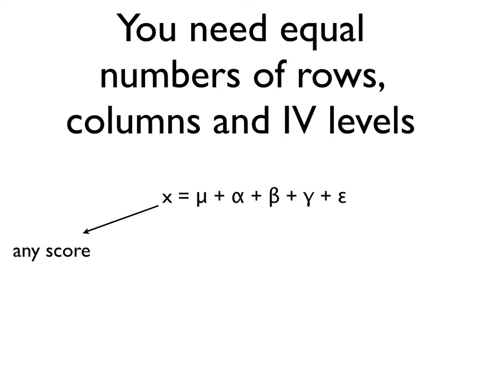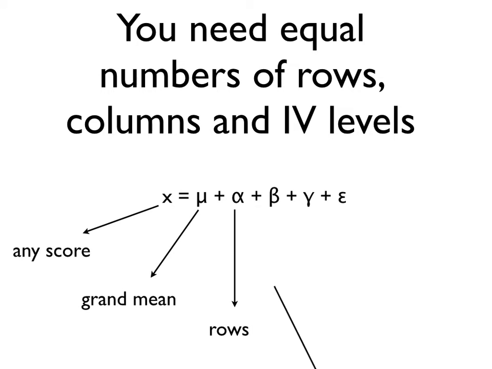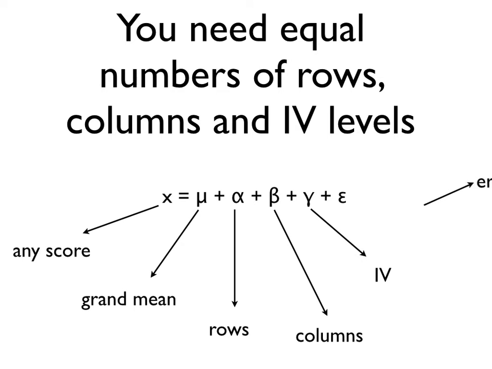So you get a model that says any score equals the grand mean plus the effect of rows, the effect of columns, the effect of the independent variable, and of course, our old friend error, or as we're going to call it in this case, residual. So think about it. If we had a 4x4 lattice square, we have 16 people we need to test.